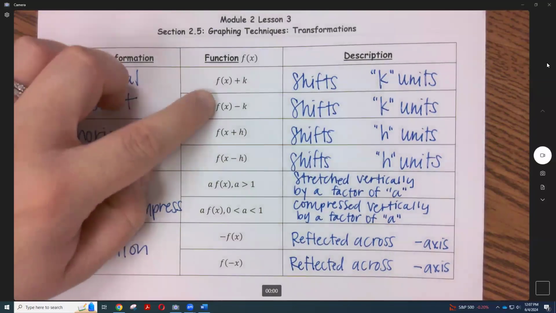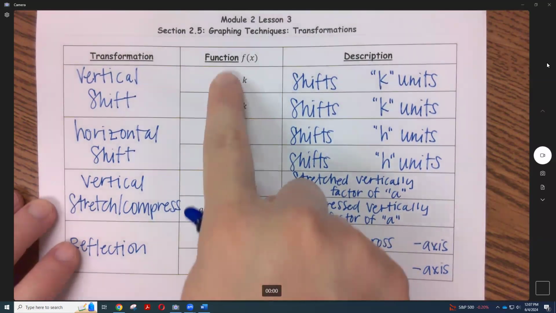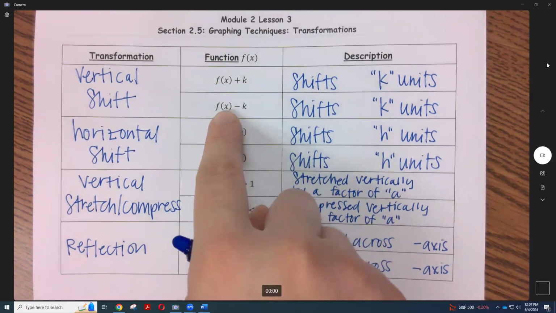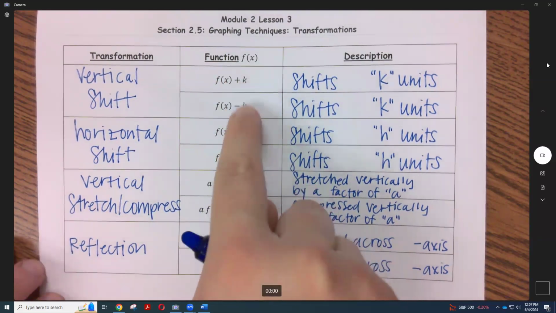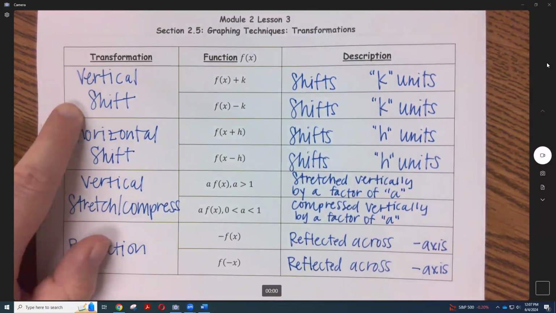This can also be other functions like exponential and logarithmic functions. Whatever function you have here, your most basic key function, if you add or subtract something at the end, these are your vertical shifts, and these are predictable.